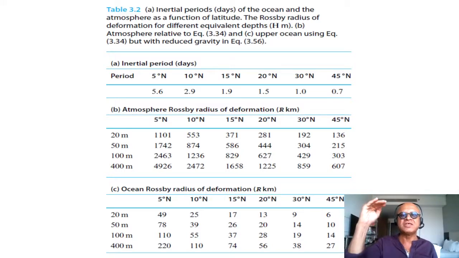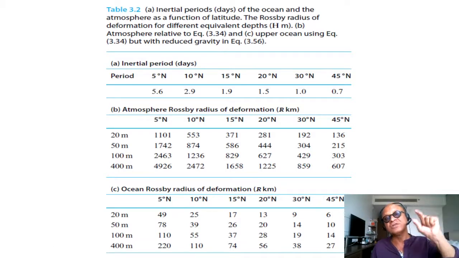So if force at the surface is going to drop off by 1 exponential because of the effectiveness of the penetration of the momentum from the wind into the ocean, which we will see in a minute. Atmosphere relative to equation 3.34, which you look up; ocean using equation 3.34, but with reduced gravity, because we will see that in a minute as well.